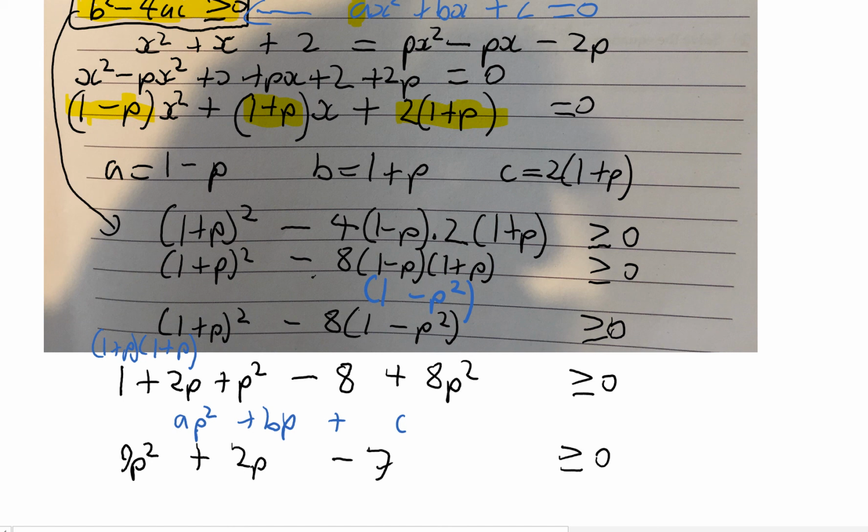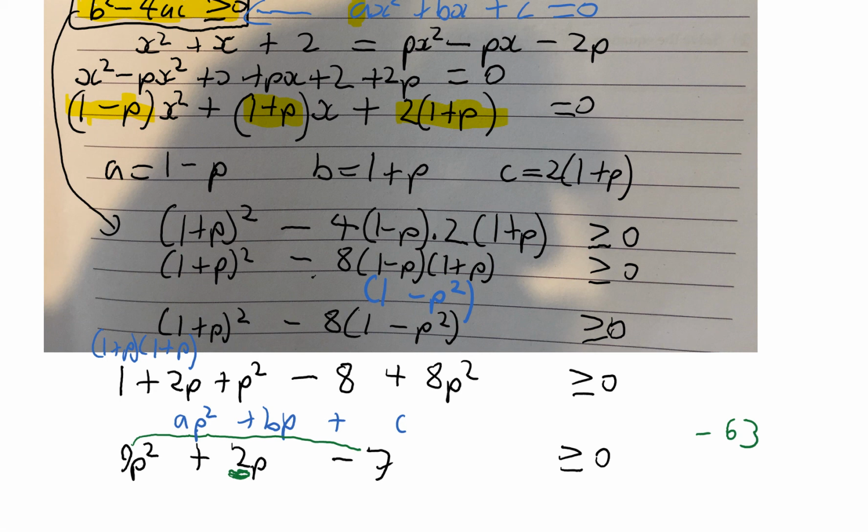Now, I can actually factorise this. I could use the quadratic formula, but it's going to be easier if I actually factorise it. Always just check, because if I go 9 times negative 7, I get negative what? Negative 63. And I need two numbers with a difference of 2 that multiply to 63, or negative 63. Are there two numbers with a difference of 2 between them that multiply to 63?